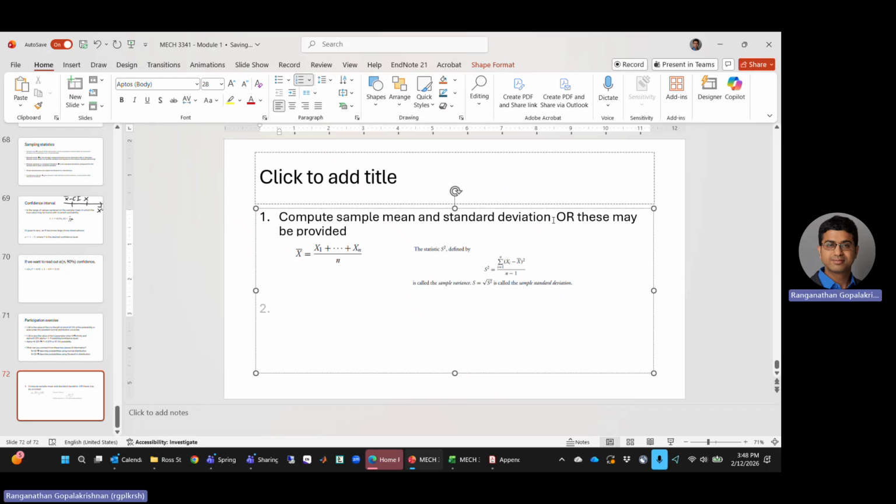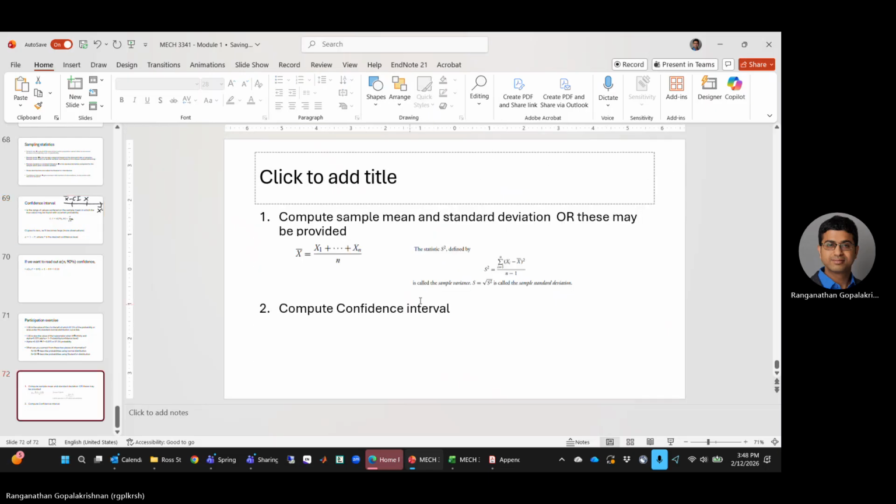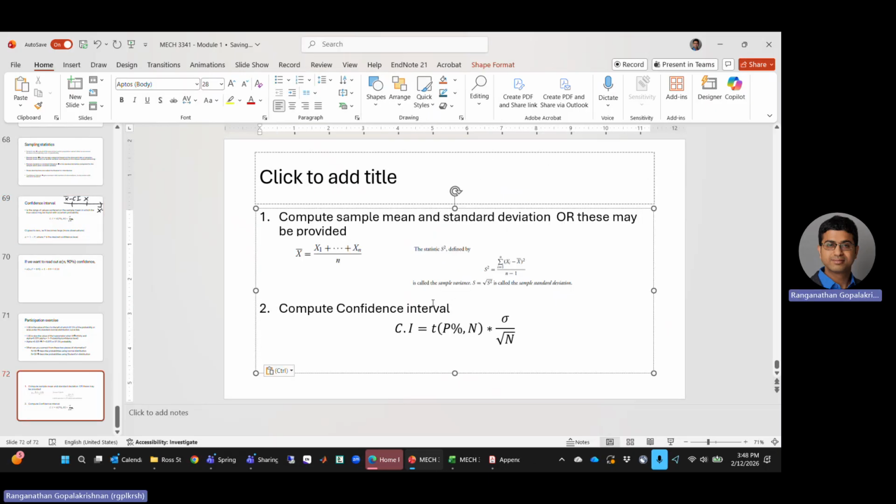Then the second step is compute confidence interval. Okay. And how you do that is using this formula. Compute confidence interval using this formula. Okay.